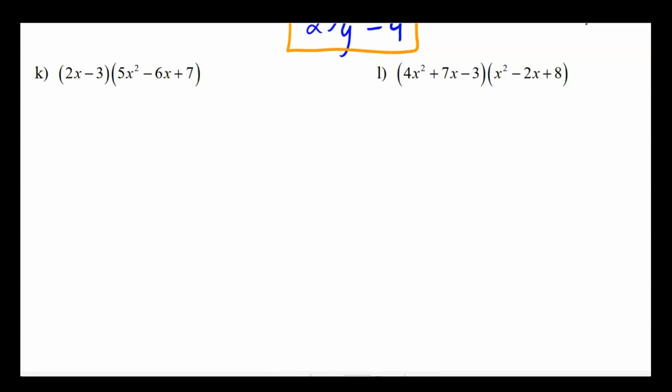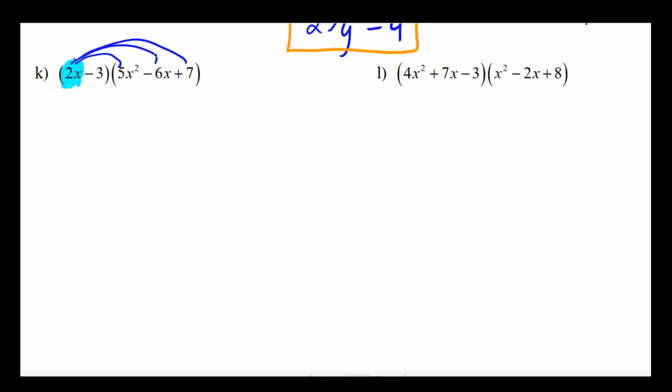So K, if we do distribution, here I am, 2x, and I'm distributing it through a 3-term polynomial. So when I distribute it through, I should get 3 numbers as my answer set, okay?